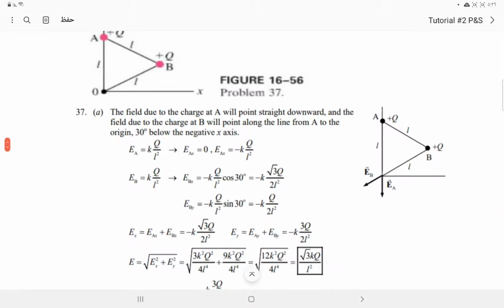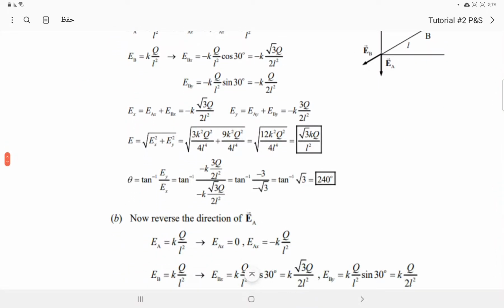If this is negative, so if this is positive at the top, and here it is negative Q, this is positive Q, and they are affecting this point here, which is the origin. Let's take a space first.